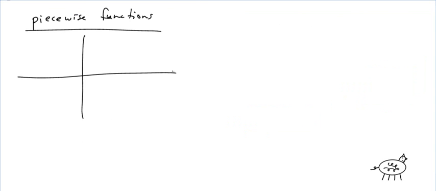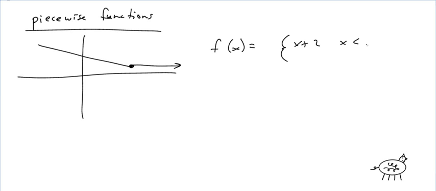If I give you a piecewise function, something like this, and I just randomly said f of x is x plus 2 when x is less than 3, and this is just completely random, 2x minus 1 when x is greater than or equal to 3. Okay, that's a nice piecewise function. I want you guys to understand the m is different.